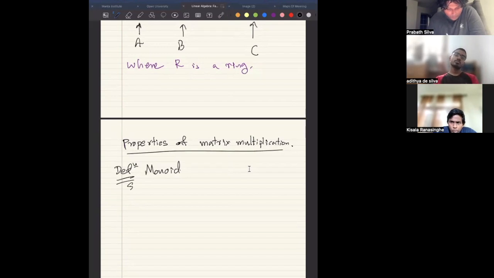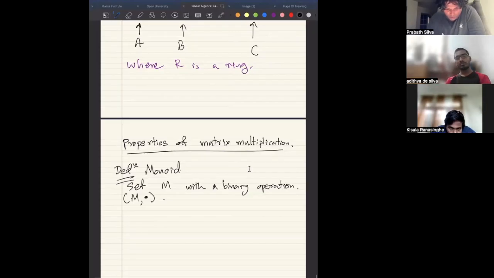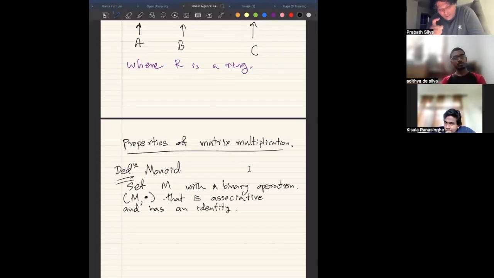It's a set M with a binary operation, M and dot, that is associative and has an identity. Right, so that's the definition of monoid.